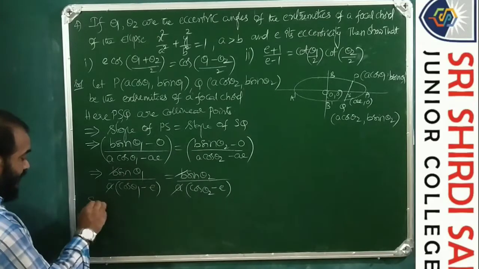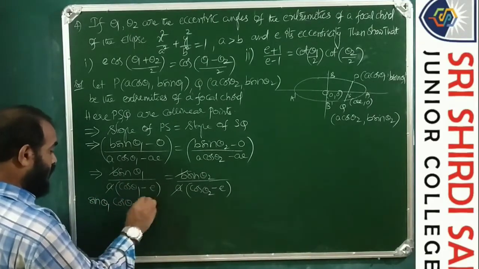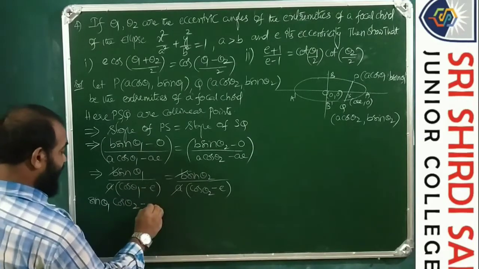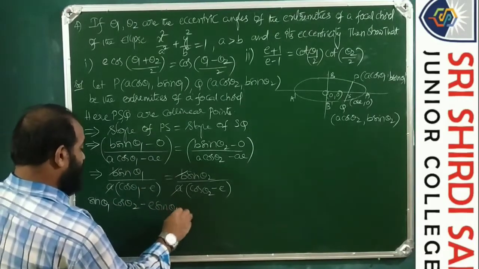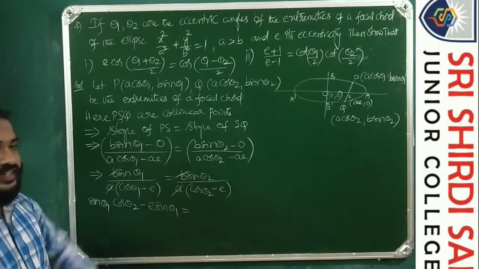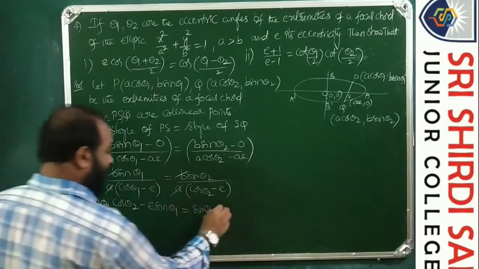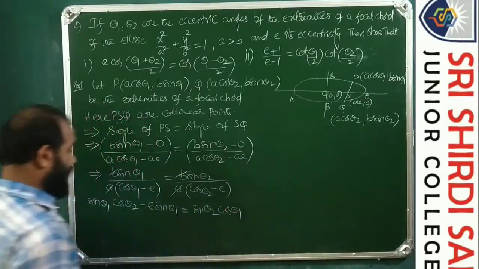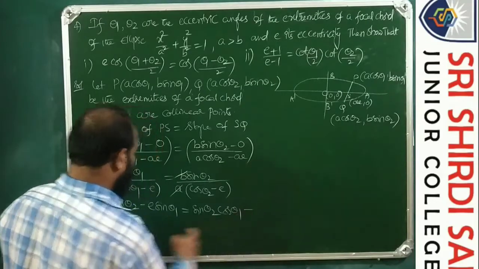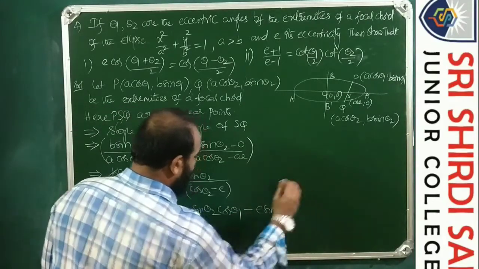Then this is sin theta 1 cos theta 2 minus e sin theta 1 is equal to cos theta 1 sin theta 2, that is sin theta 2 cos theta 1, minus e sin theta 2.